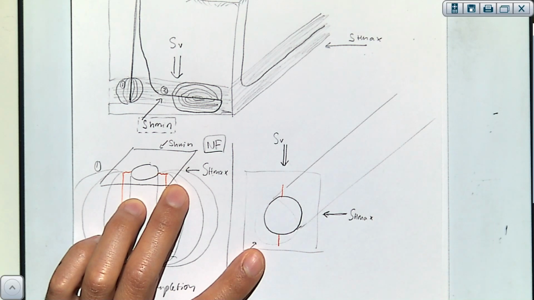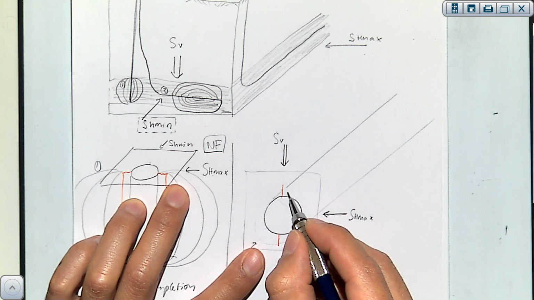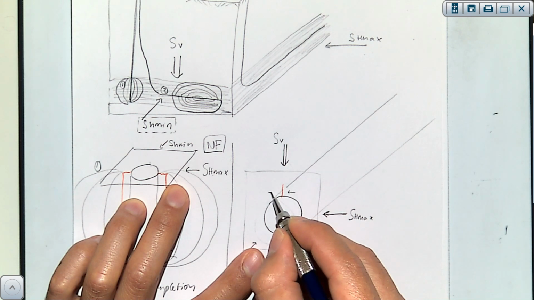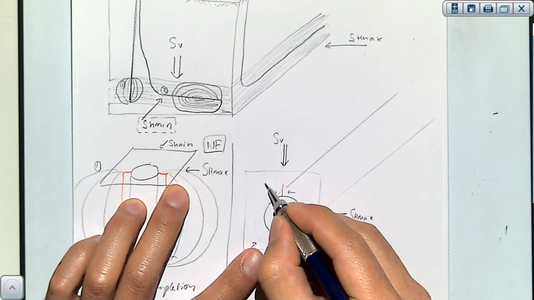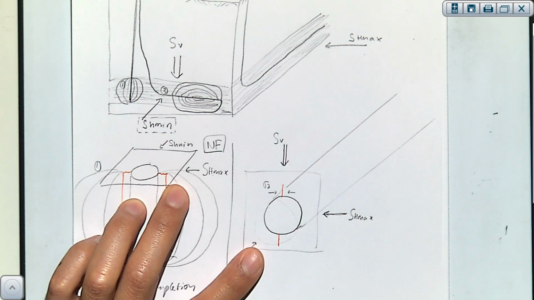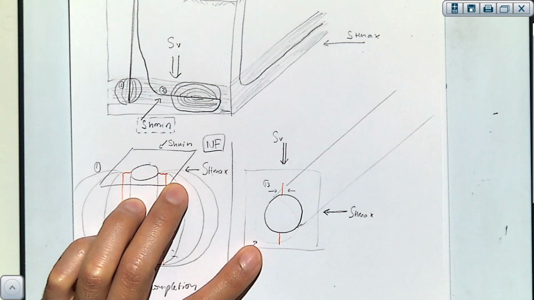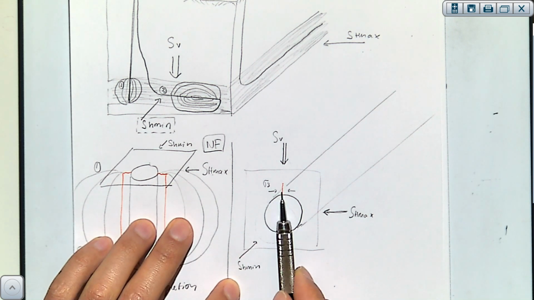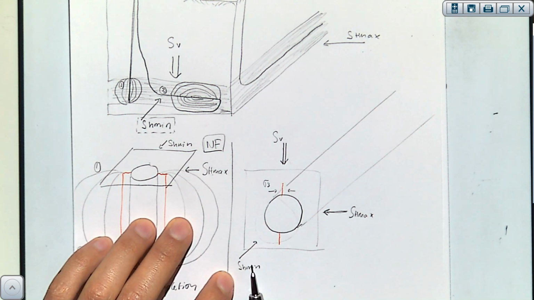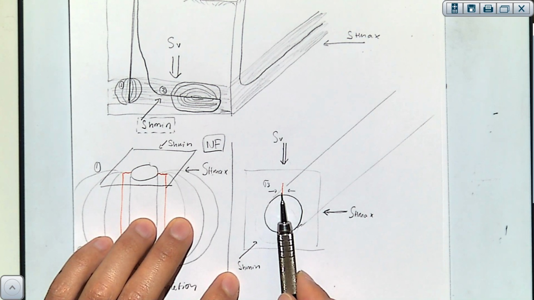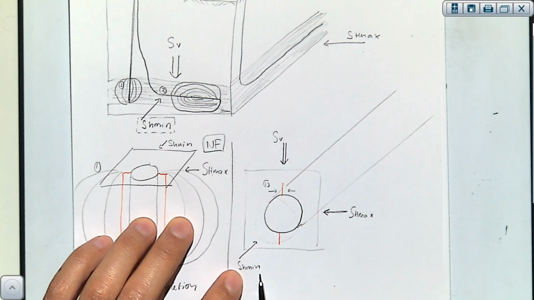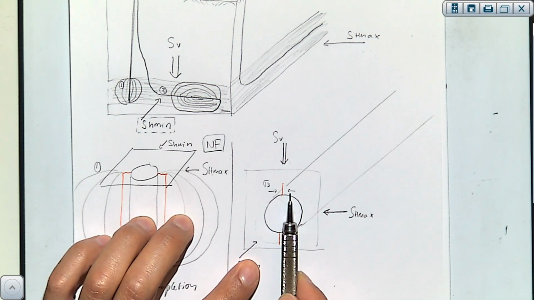So the local principal stress, according to Kirsch, sometimes a little bit more complex. You have to see if that stress is actually lower than this one, than that sigma h min. But let's assume for a moment that the sigma 3 is actually going in this direction, east-west.